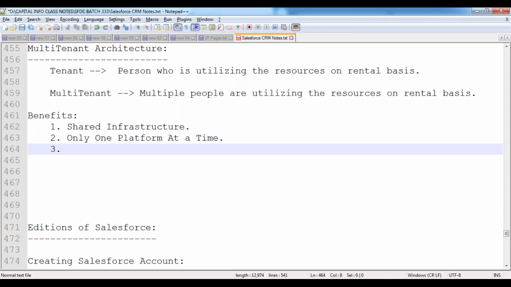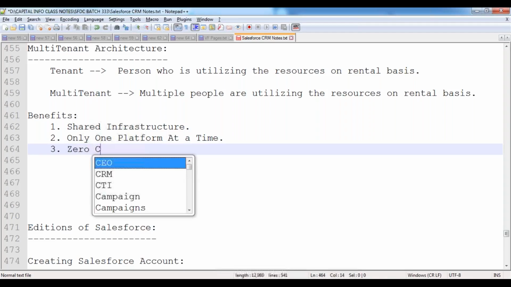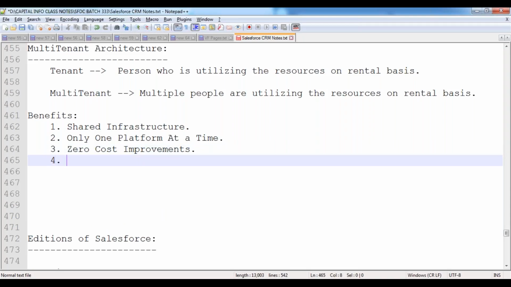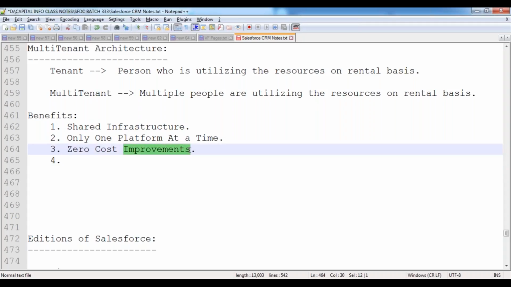Next, the third one is zero cost improvements. What do you mean by zero cost improvements? Improvements means new releases, new features. It may be summer, winter, spring, any release.